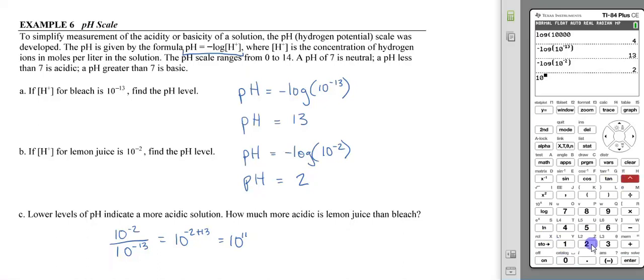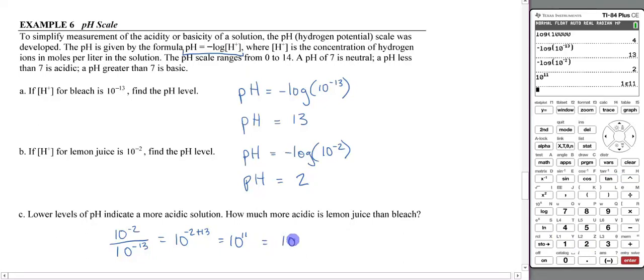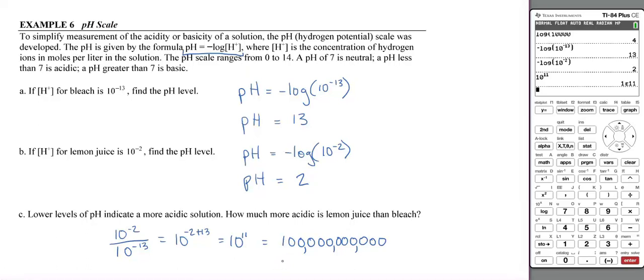And 10 to the 11, you'll see, is big. We've got 1, 2, 3, 4, 5, 6, 7, 8, 9, 10, 11 zeros, a 1 with 11 zeros after it. So it's hundreds, thousands, millions, billions, 100 billion times more acidic than the bleach.